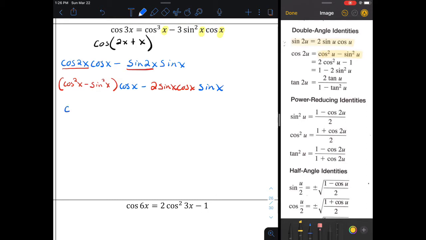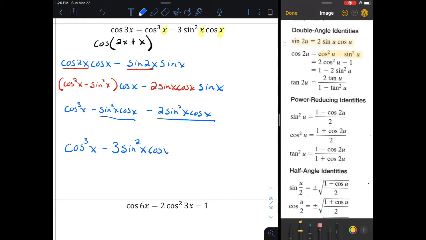And so we'd have cosine to the third x minus sine squared x cosine x minus 2 sine squared x cosine x. And we combine our like terms, and we're going to make our right-hand side here. Cosine cubed x minus 3 sine squared x cosine x. And I have my right-hand side.